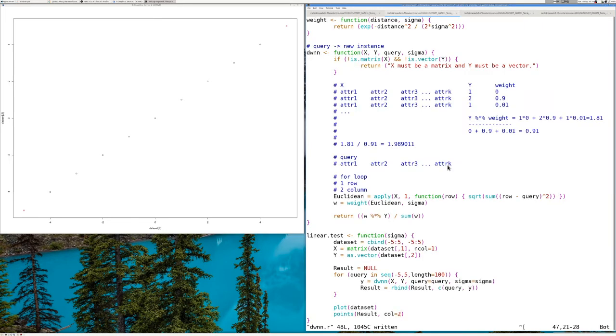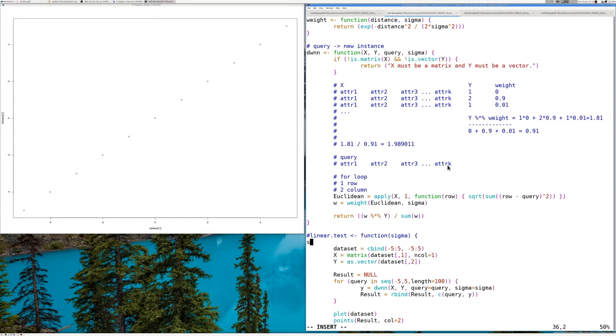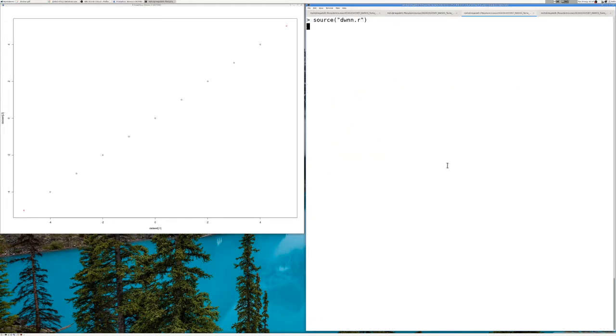Take a look at this. I'm just going to comment this and comment this and define my sigma equals, I don't know, to 1. Doesn't matter. And run it. If I do this and I load my source, it's going to plot with sigma equals to 1.